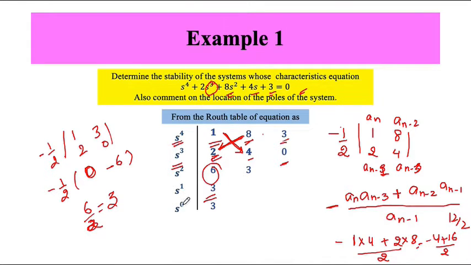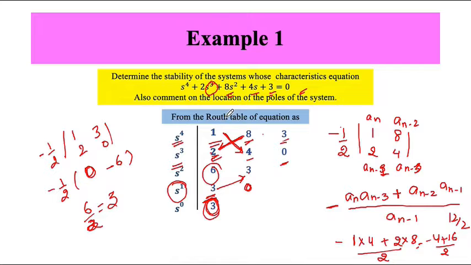Now s to the power 1: similarly, 6 into 4 minus 3 into 2 divided by this 6 will give me 3. And s to the power 0 is again 3, since the other term is 0. So at the end it will be again 3.